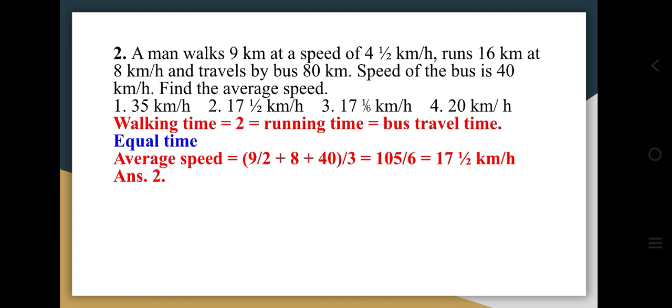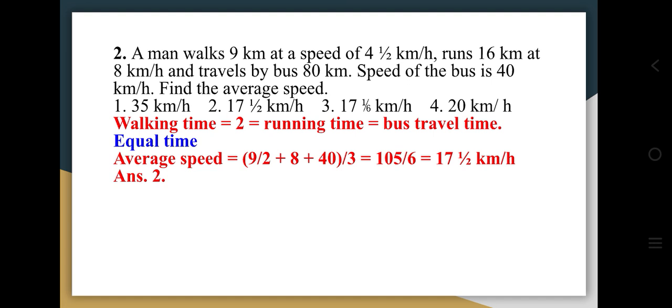Bus travel time: distance is 80, speed is 40, so 80 by 40, which is also 2. So the walking time, running time, and bus travel time are the same.